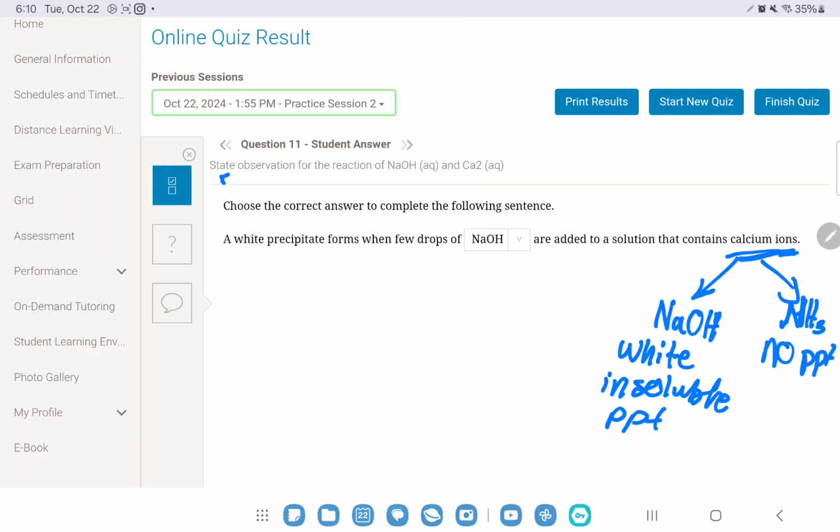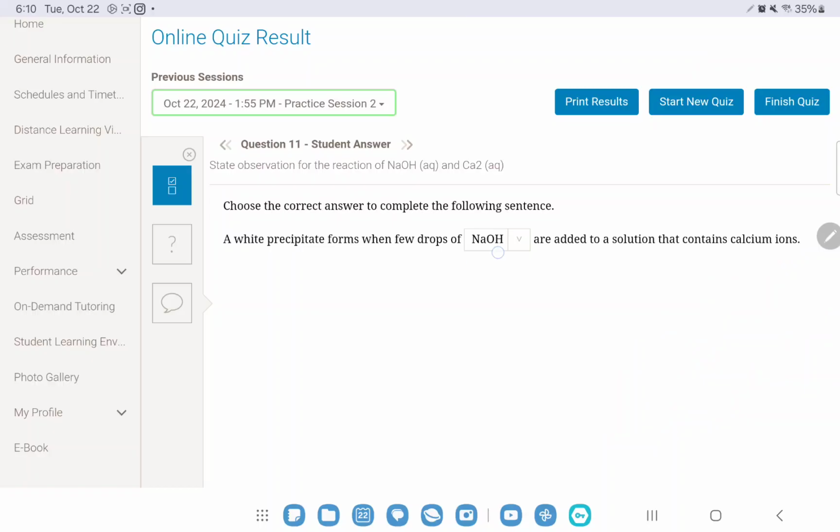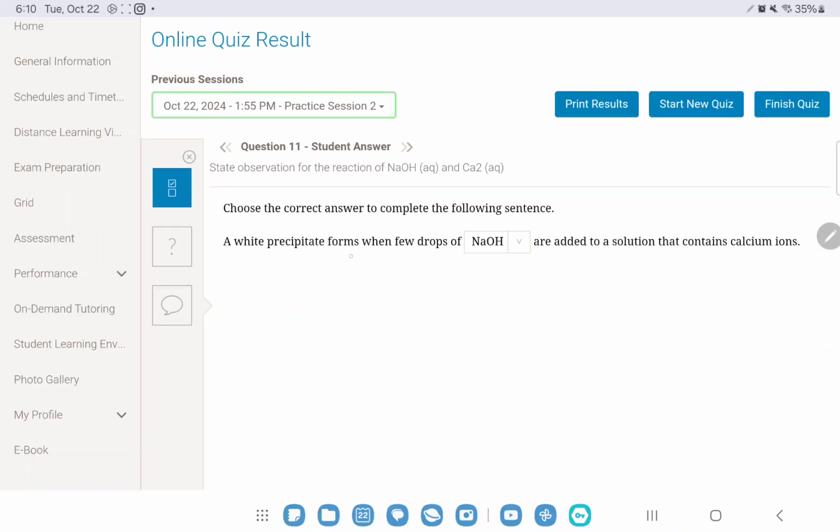Actually no, just memorize it: no precipitate. So NaOH, white precipitate forms.